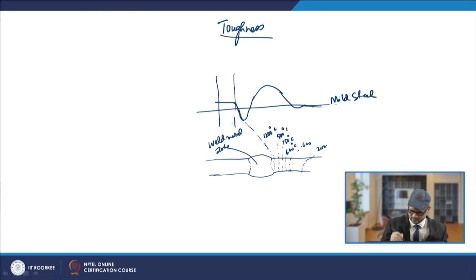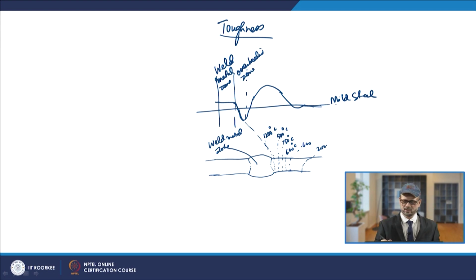So, basically you have the zones going like this. This zone is your weld metal zone, and this zone is basically the overheated zone. Then the zone on this side, where the toughness is again decreasing, is basically the possible embrittled zone, the zone of possible embrittlement.